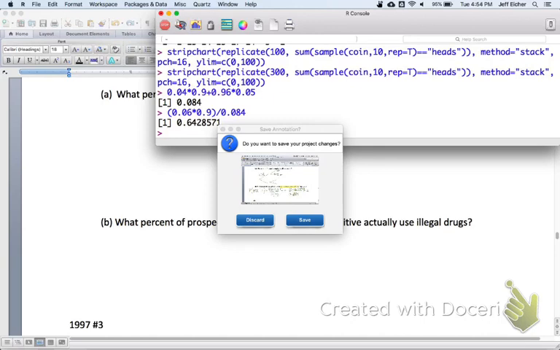There's a 64% chance. That might seem kind of strange to you. Like if there's a positive test, it's not like 100% that you use drugs. It's probably like more likely that it's a false positive than that you actually use drugs. But that would be the probability that we're trying to calculate there.